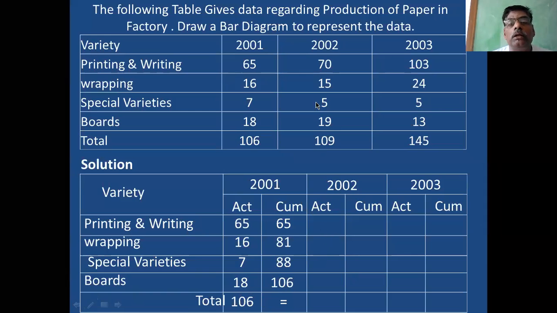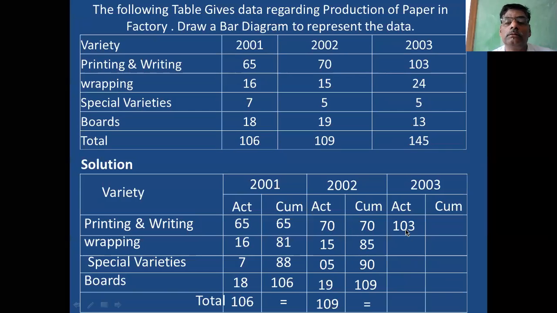In the same way, you take the second year, 2002: 70, 15, 5, 19. Total is 109. Cumulative you calculate: 70, 70 plus 15, 85, 85 plus 5, 90, 90 plus 19, 109. Again, the total is the same. Like this you have to check.